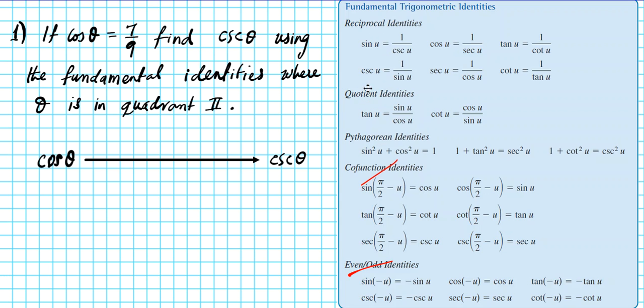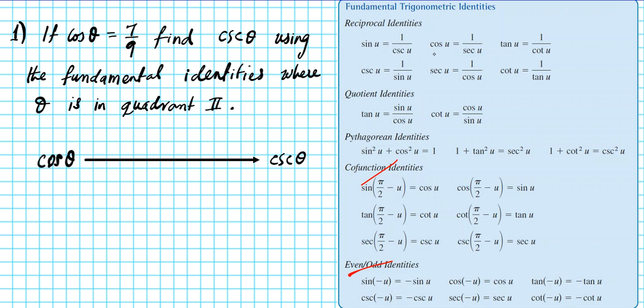If we look at the quotient identities, we have tan, sine, and cosine. We're just looking for cosecant and cosine, so none of them there. Here we have cosine, that doesn't work. And then here we have cosine and secant, and here we have cosine and sine. So we don't have any formulas that have only cosine and cosecant.